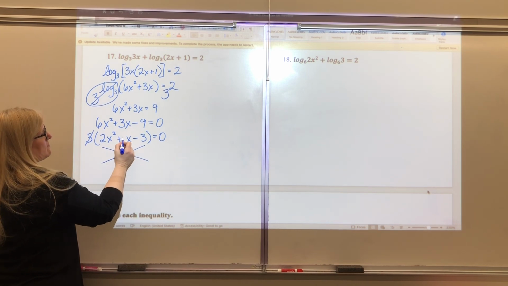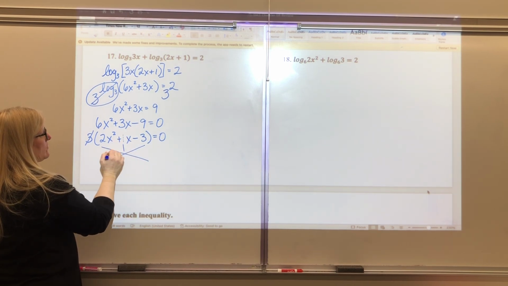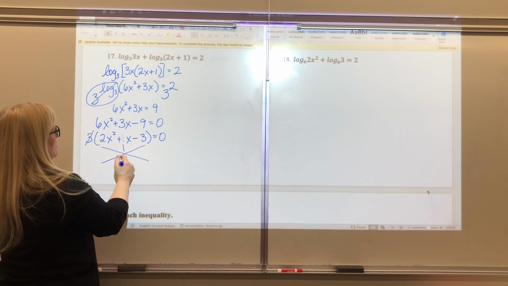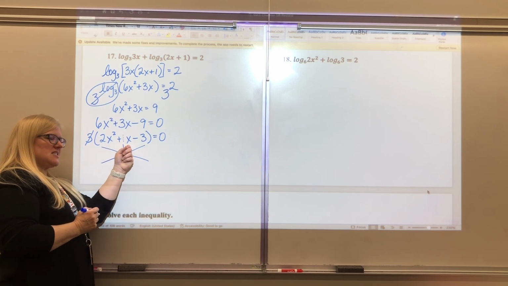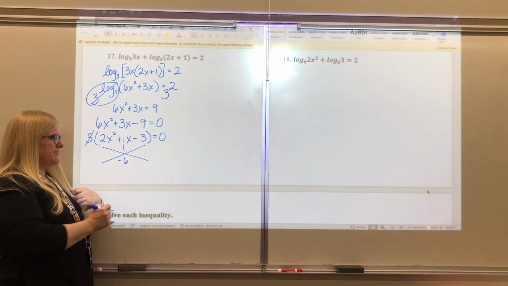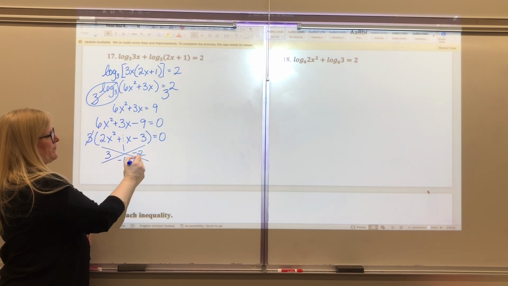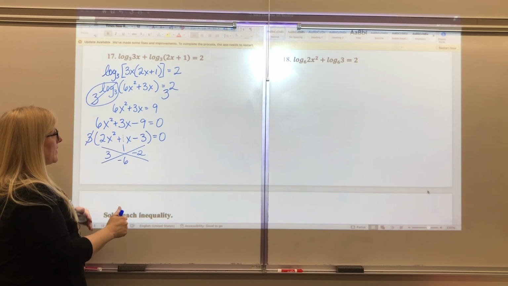So I drop down the 1. 2 times negative 3, they kind of come down. Now what multiplies to give me negative 6 that adds to give me 1? 3 and negative 2.